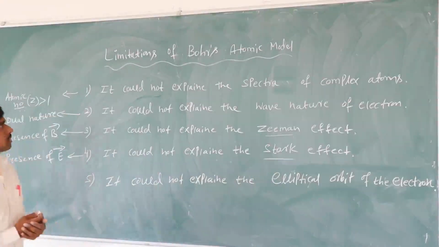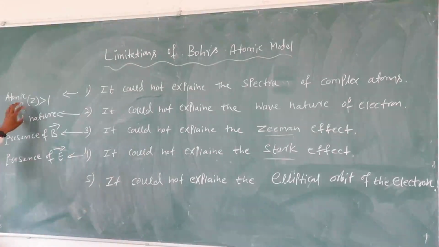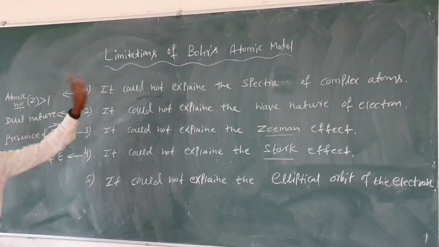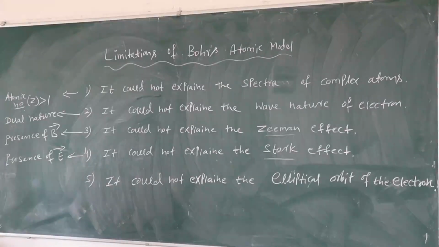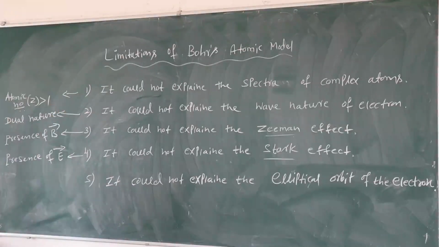Complex atoms are atoms that have more than one electron. For example, we take sodium, that has more than one electron. Therefore, the Bohr atomic model is not applicable for complex atoms. That is one of the limitations of the Bohr atomic model.